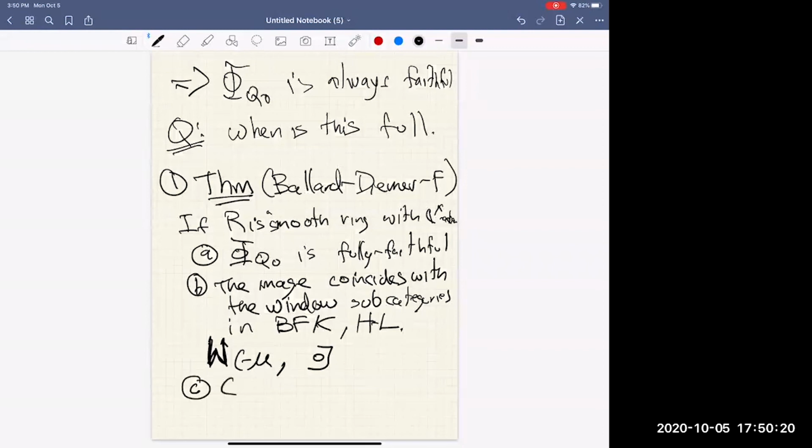And then the corollary is the same comparisons between derived categories.